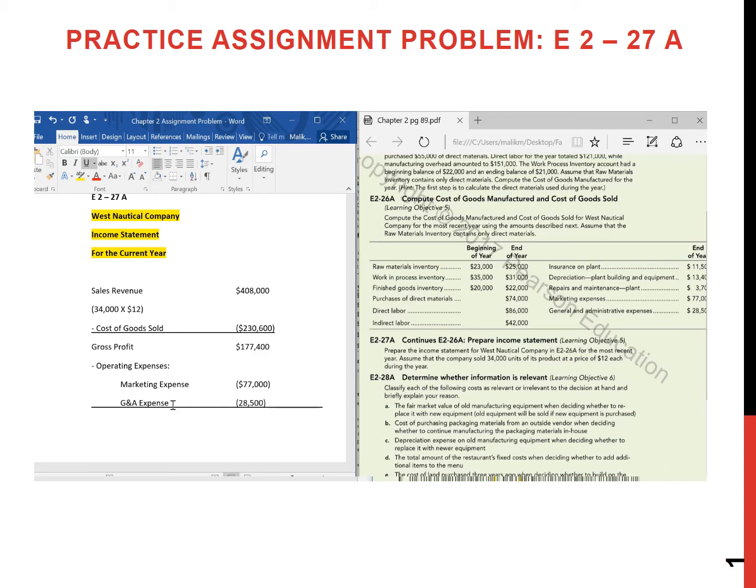So if I subtract these two, you will find it is operating income, and which is 71,900. That's your operating income, and that's actually the end of this problem.